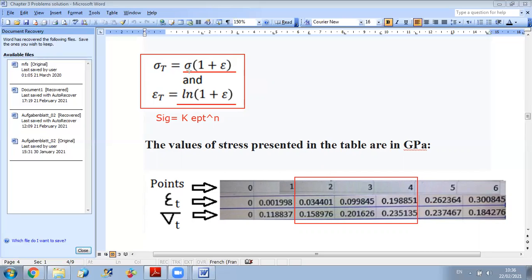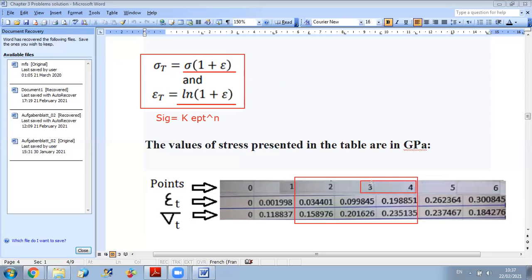Sigma true equals sigma engineering times 1 plus epsilon engineering, and epsilon true equals ln of 1 plus epsilon engineering, to get the true values of epsilon and sigma. And once we are done with this step, now we are free to take any combination of points. So for example, if I choose to take 3 and 4, what will be the system that I will write?